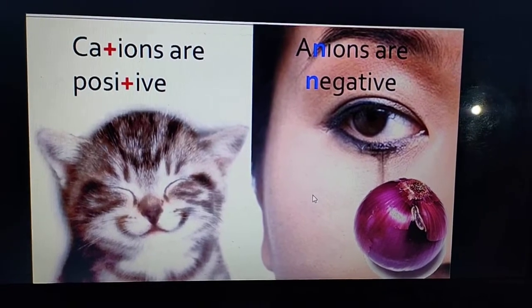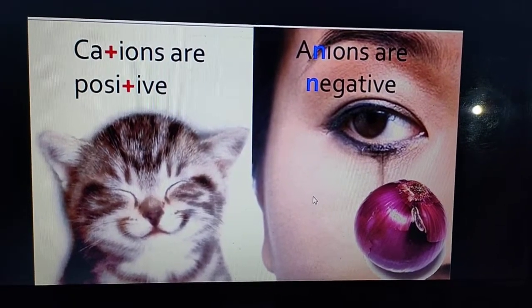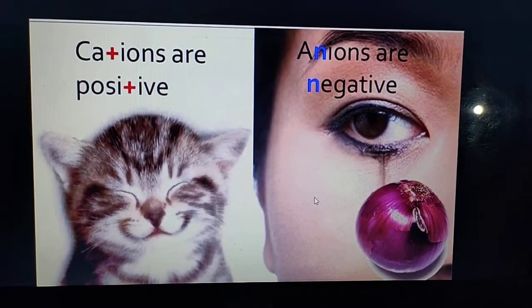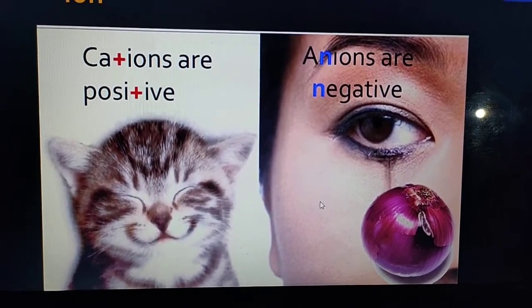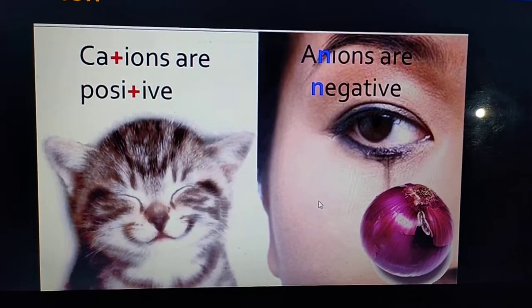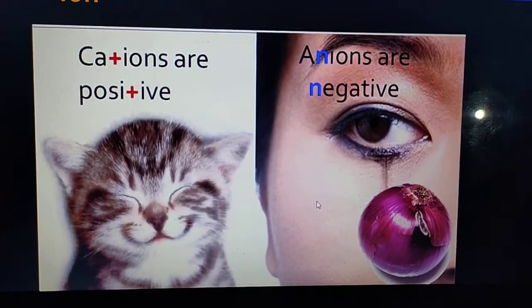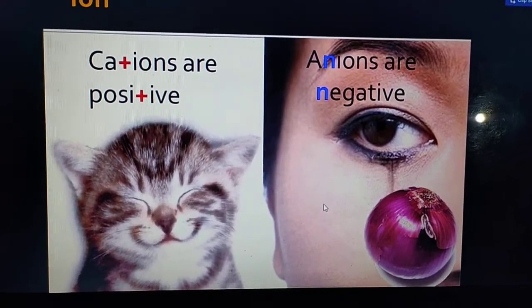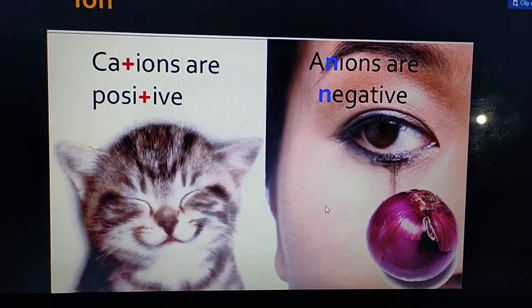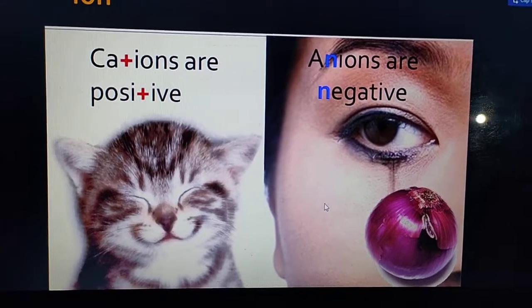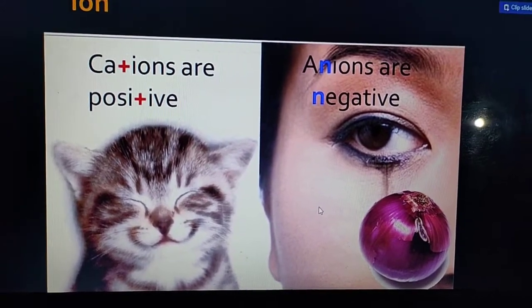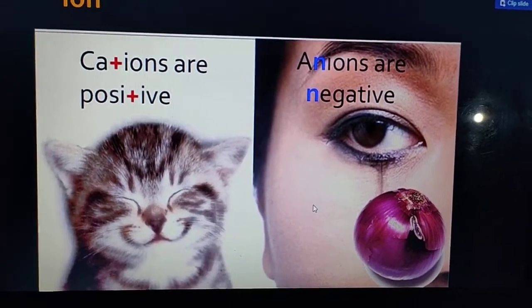So N will remind you that anions are negative. And always remember this with the example of onion. It gives us tears. So anions are negative. Like this you remember: cations, the T is a plus sign, so it is positive. Anions from the letter N, remember that anions are negative.